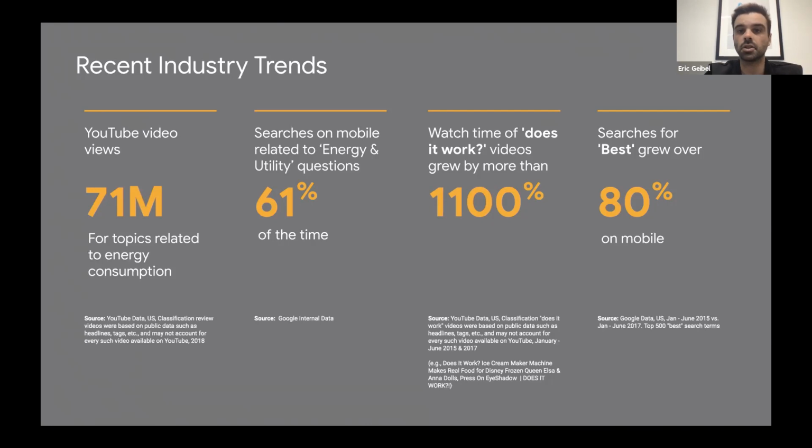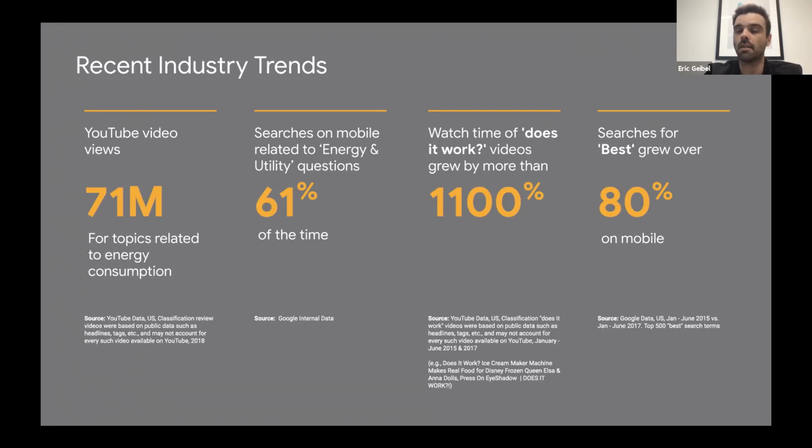Additionally, consumers are much more curious about whether or not energy efficiency programs are going to work. So over the last 2 years, videos with the title "Does It Work?" grew more than 1,100% on YouTube. And then finally, an important thing to keep in mind is searches for "best" on Google grew 80% on mobile.